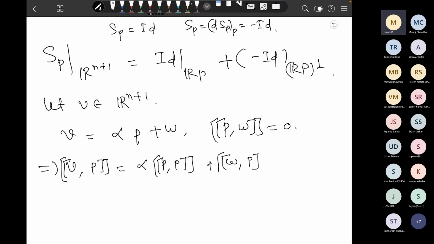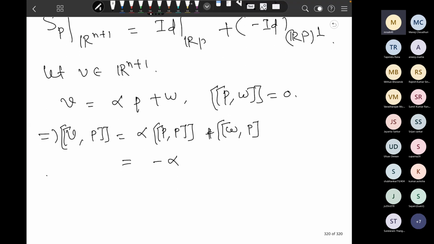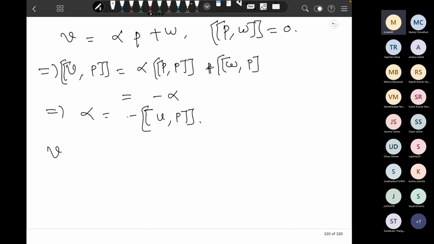I will use this part: it is minus alpha, and WP is 0. So alpha will be minus of VP. That decomposition is: V equals minus VP times P, plus the remaining part V plus VP times P.